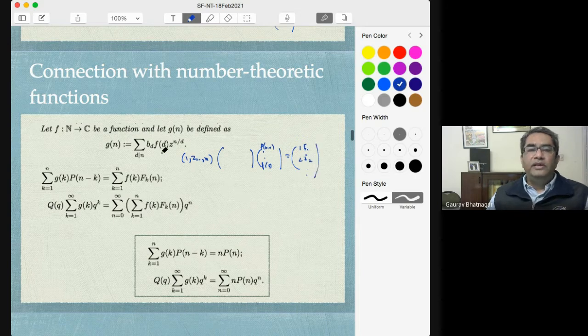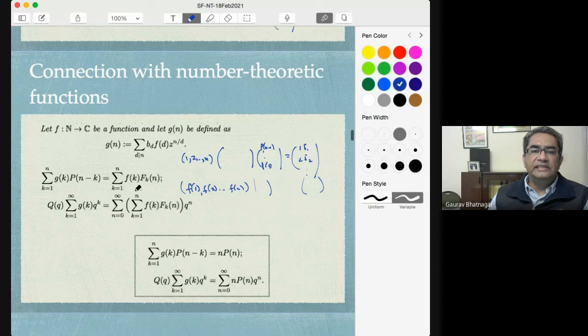What we do here is we multiply by any arithmetic function, F1, F2, Fn. And any arithmetic function. So this is the sum I get over here. So F1, F1n, F2, F2n, and so on. So the sum I get is this one.